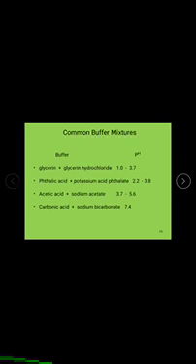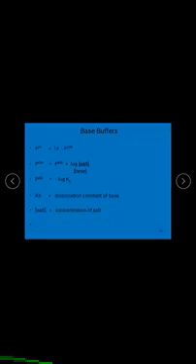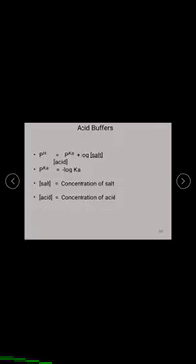The main concept is that when we take any neutral solution and add a strong acid, the pH value will decrease, meaning the acidic nature will increase in that solution.